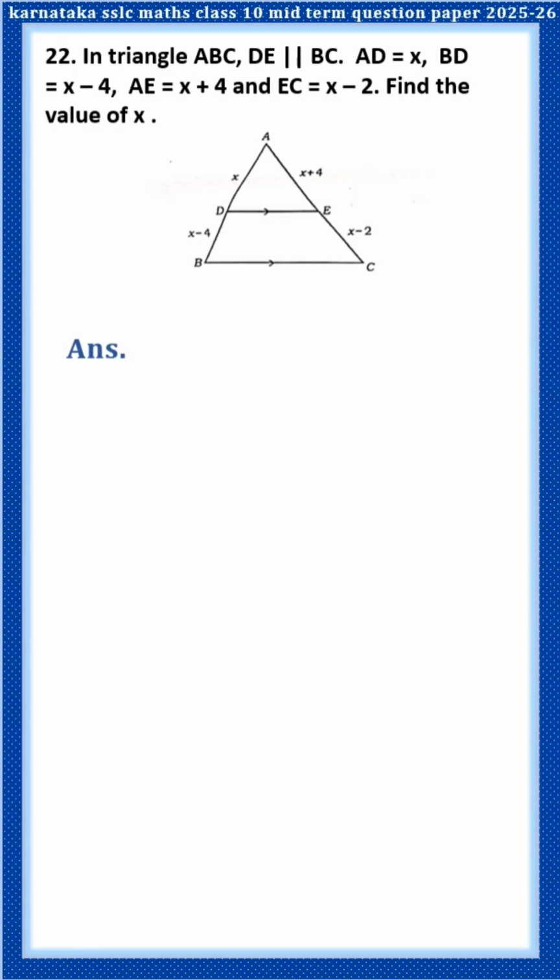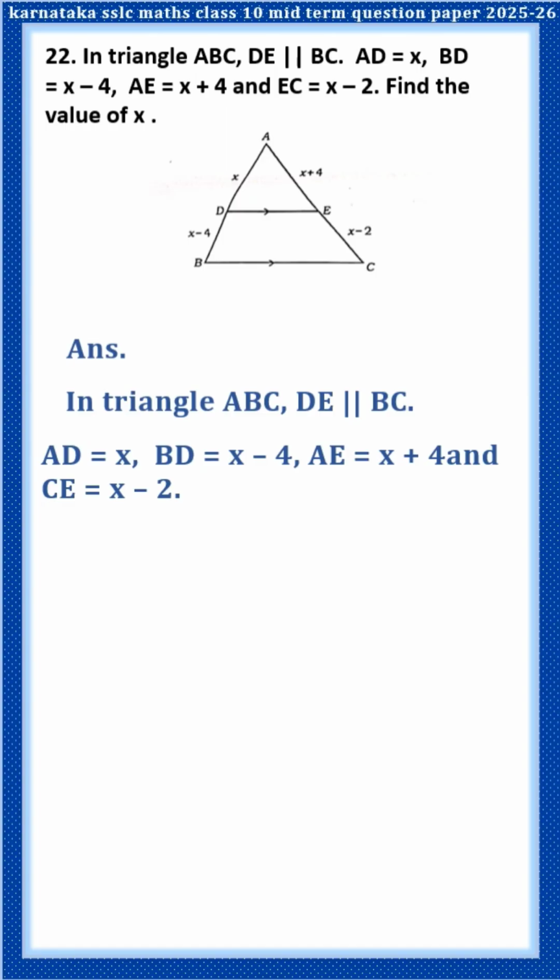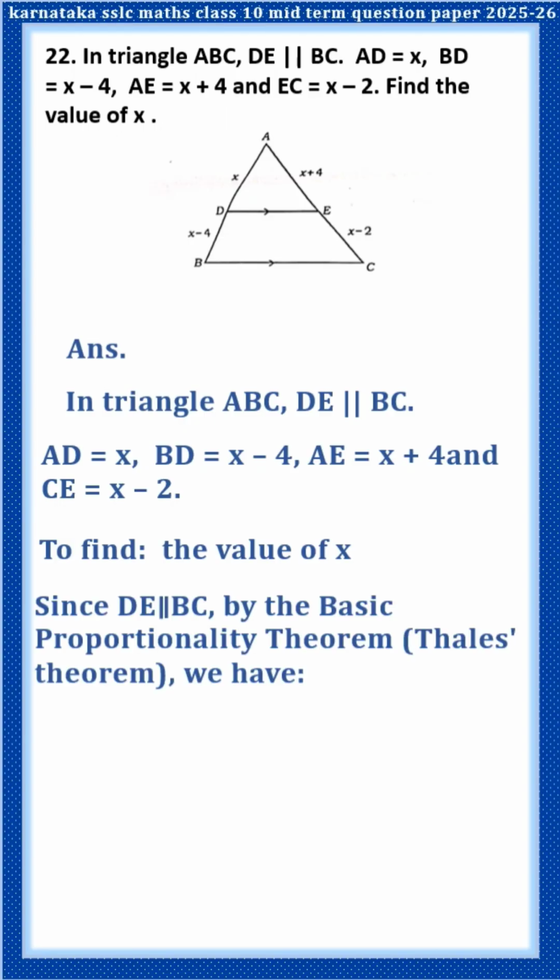Here, what has been given? In triangle ABC, DE is parallel to BC. AD is equal to X, BD is equal to X minus 4, AE is equal to X plus 4 and CE is equal to X minus 2. Observe the figure. To find the value of X, since DE is parallel to BC, by basic proportionality theorem, we have AD by DB is equal to AE by EC.